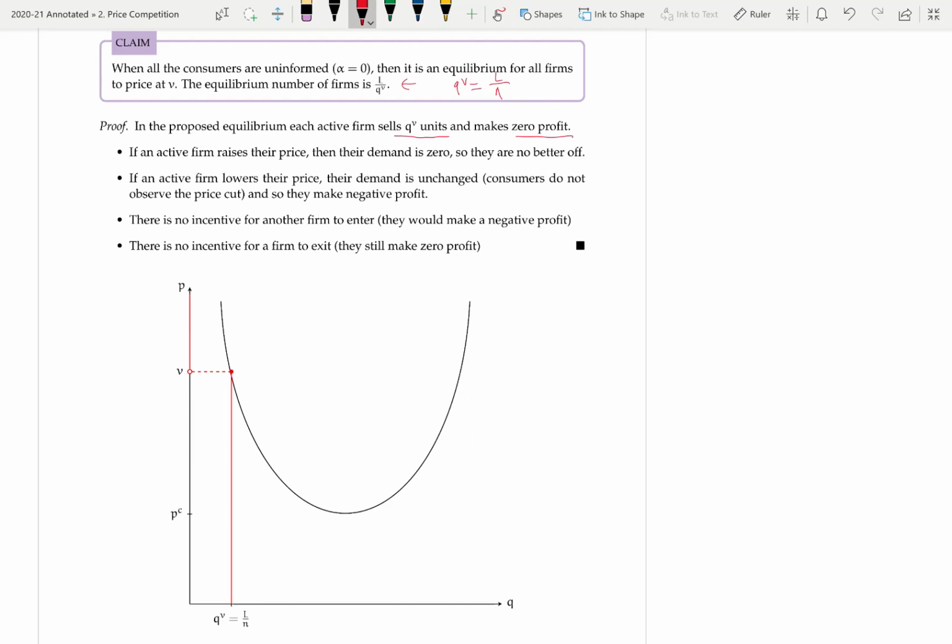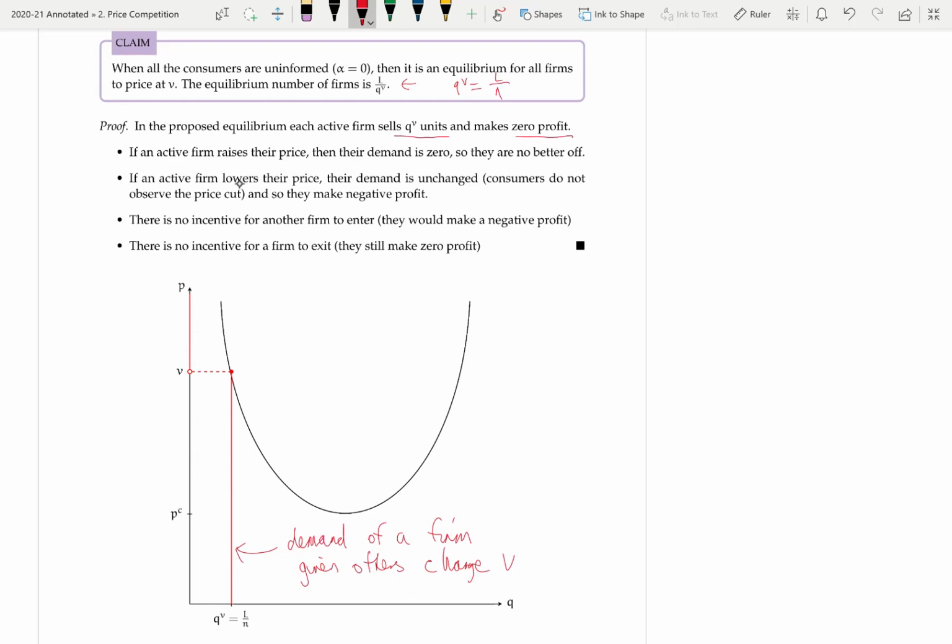In the picture, I've drawn the demand curve of a firm given that all the other active firms are charging a price of V. If this firm charges a price more than V, it gets no demand because consumers are only willing to pay up to V. If it prices less than V, then it doesn't increase its demand because consumers don't know that its price is lower than the other firms. So if an active firm raises their price, their demand will be 0, so they're not any better off than they were by pricing at V.